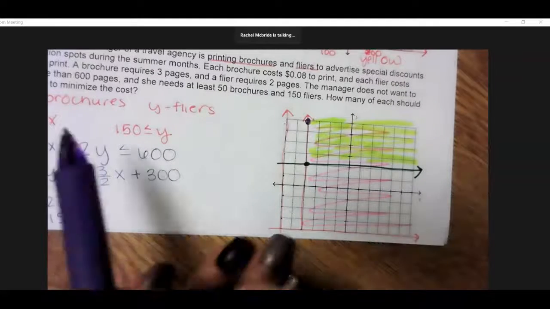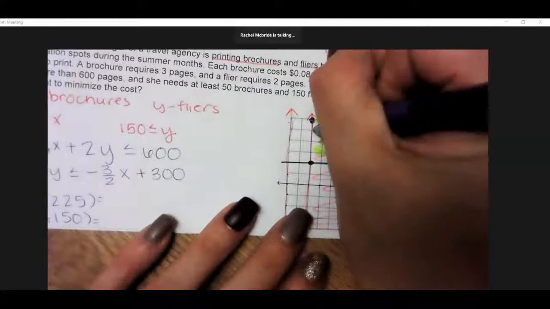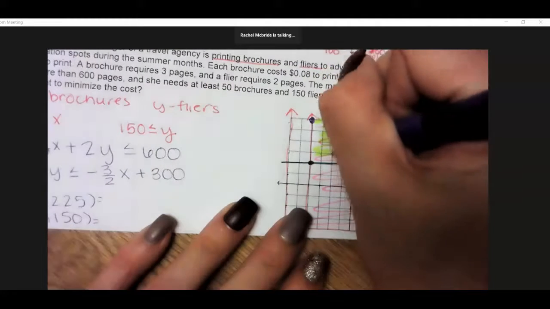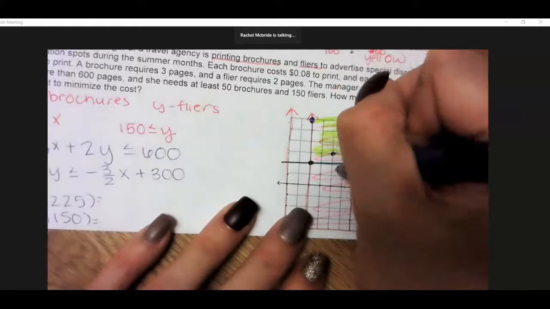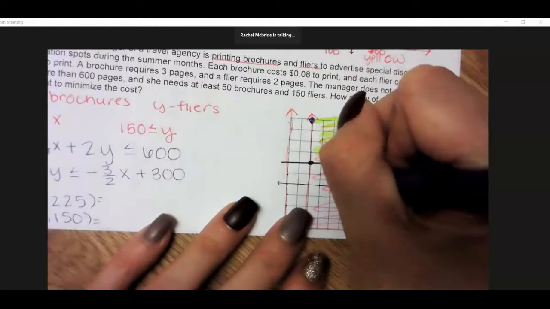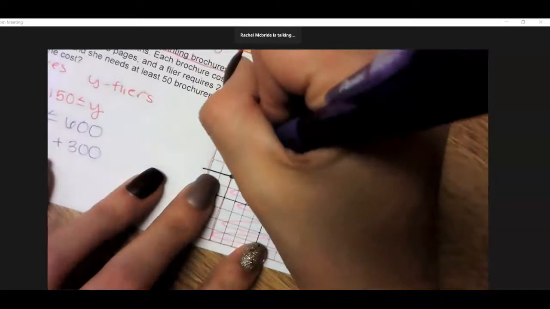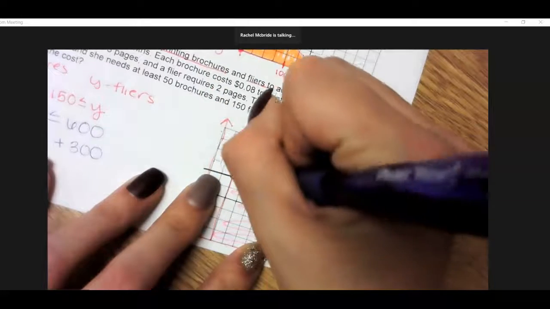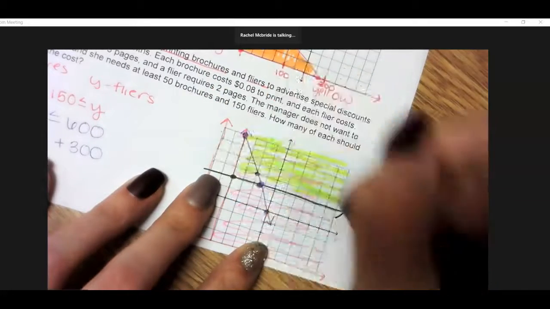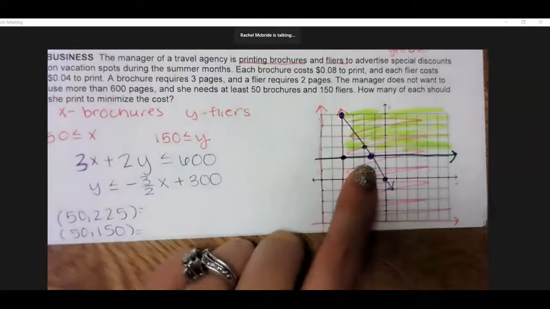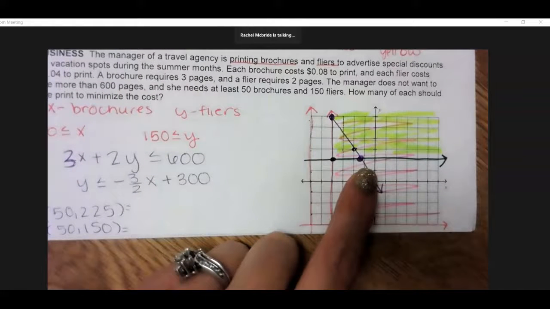And then we're going to apply our slope of down 3 over 2. And I know I'm going to have another point of intersection here when y is 150.